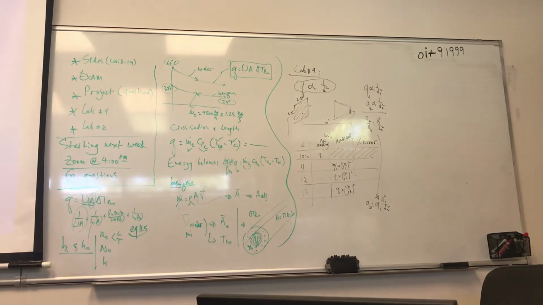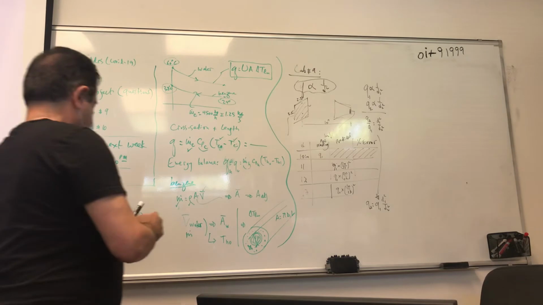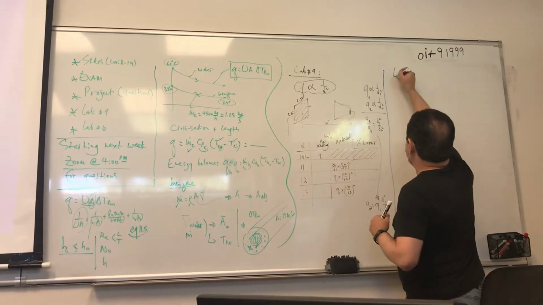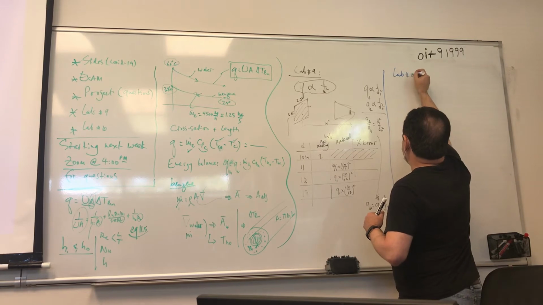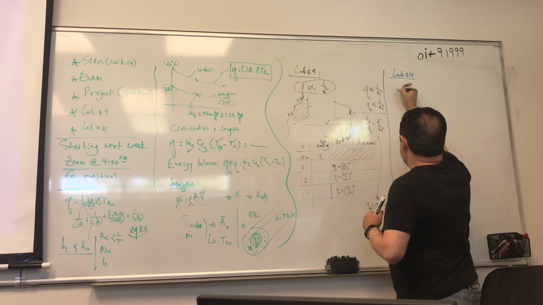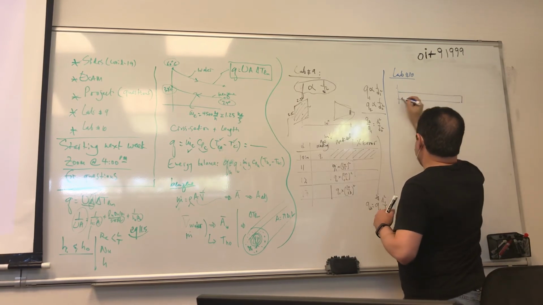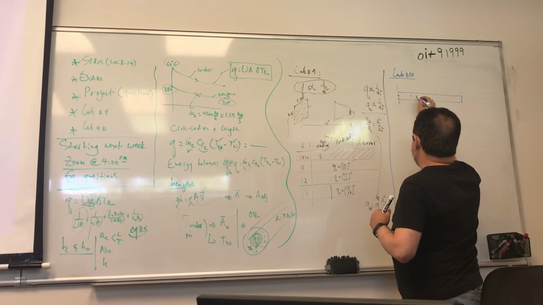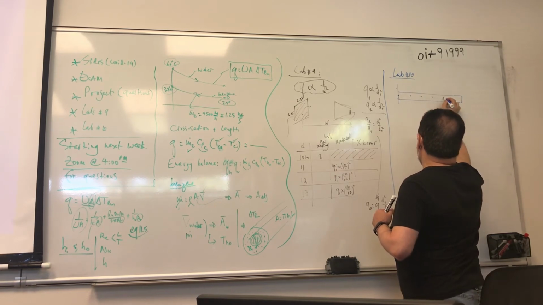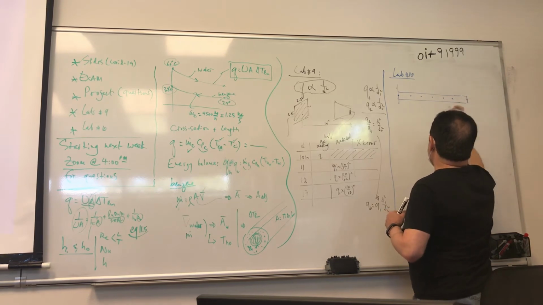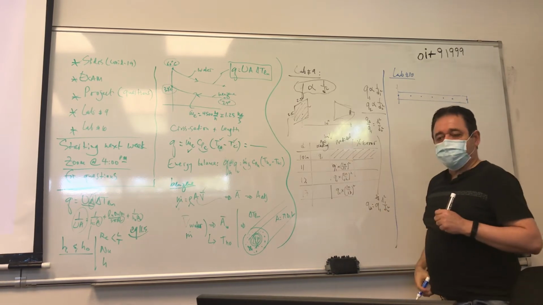Last but not least is lab number 10. Lab number 10 is going to look at a fin in transient heat. So we're going to have 1, 2, 3, 4, 5, 6, 7 thermocouples.